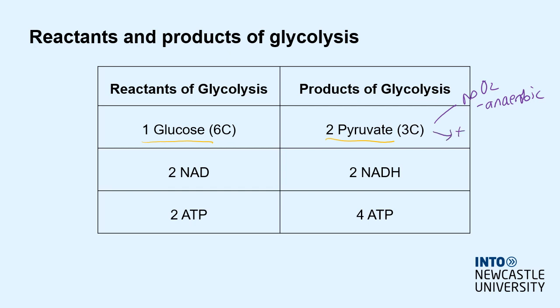If there is oxygen, then the pyruvate will be transported by active transport into the mitochondria, ready for the link reaction and the Krebs cycle, which we'll talk about in our next mini lecture.